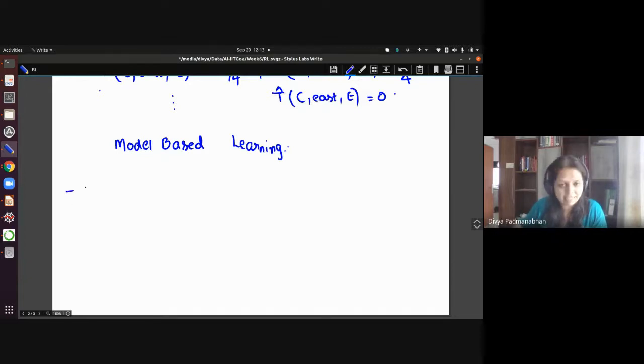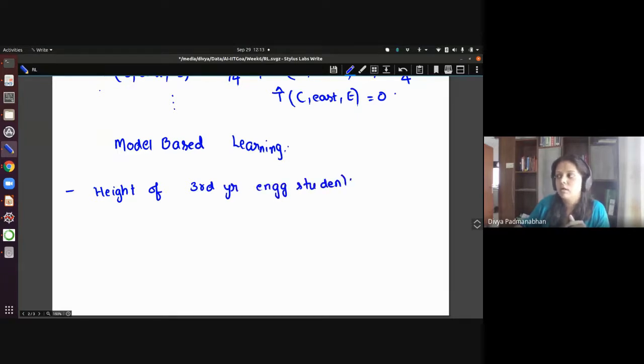It's a slight detour. I just want to illustrate an idea, so that's why I'm doing this. You can think of this height as a random variable H.